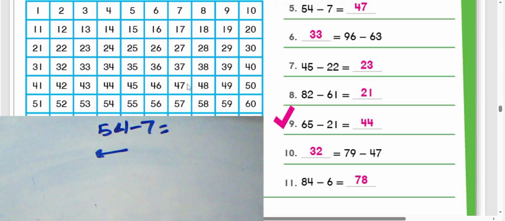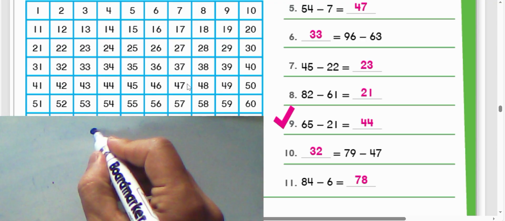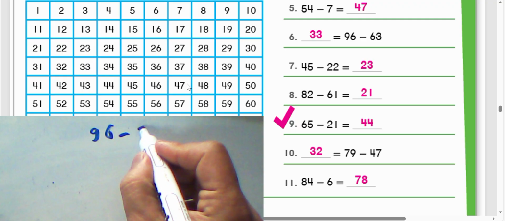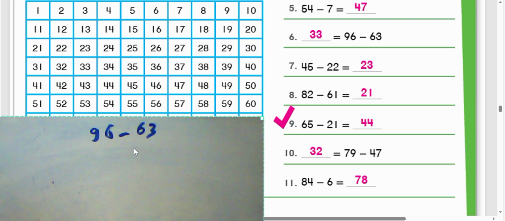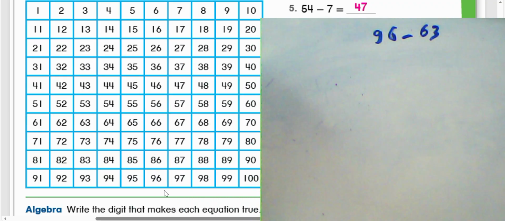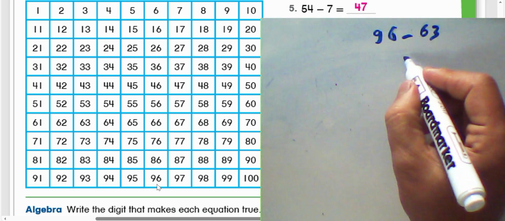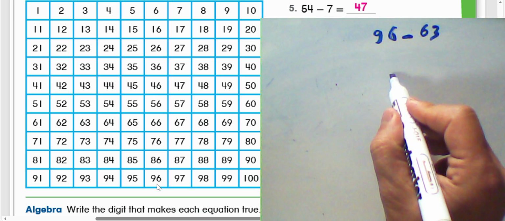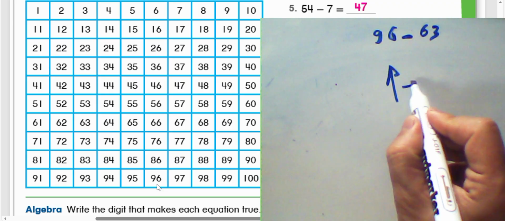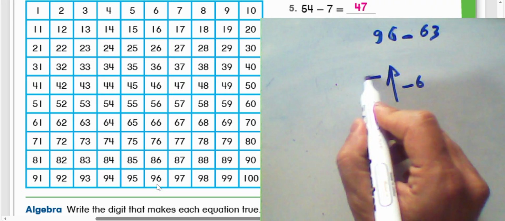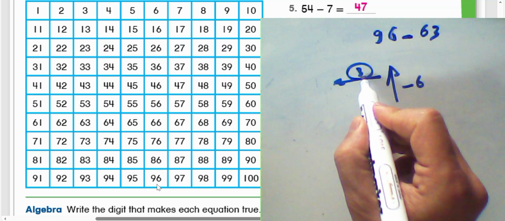Going here. And what about 96 subtract by 63? Start from 96. Okay, 96 where? Here's 96. Okay. We must go up 6 steps and go left hand side 3 steps.